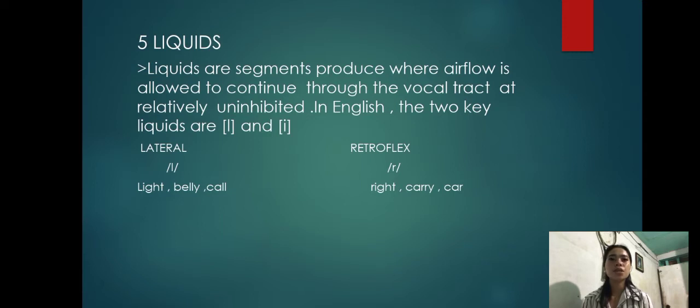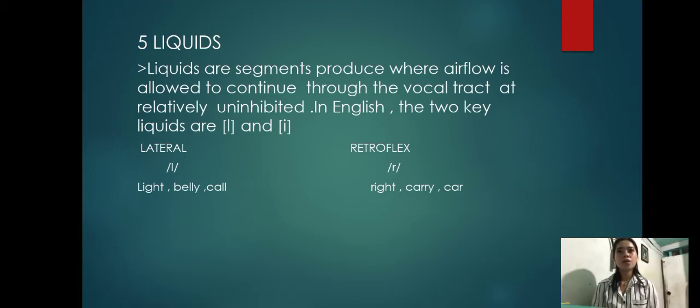There's only two liquids. You have the lateral, which is the letter L, like in light, belly and call. The tip of the tongue touches the alveolar ridge, but the air escapes through the sides of the tongue, and that's why it's called lateral.